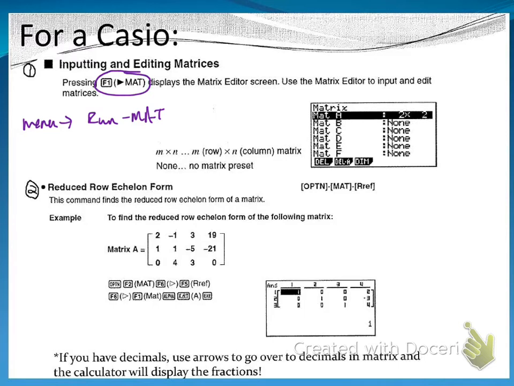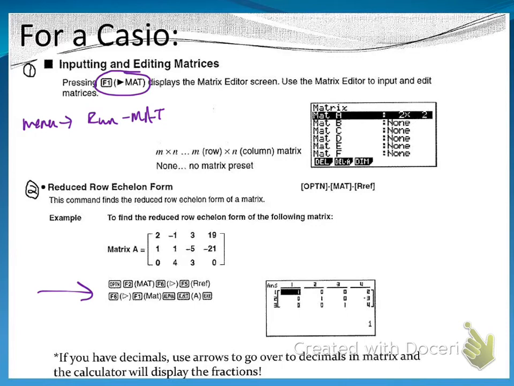The other thing I'll tell you is that everything down here in a box is what you push. What's in parentheses is what you're choosing when you push that button. So anyway, you go Menu, Run MAT, and then choose the MAT editor screen by hitting F1.